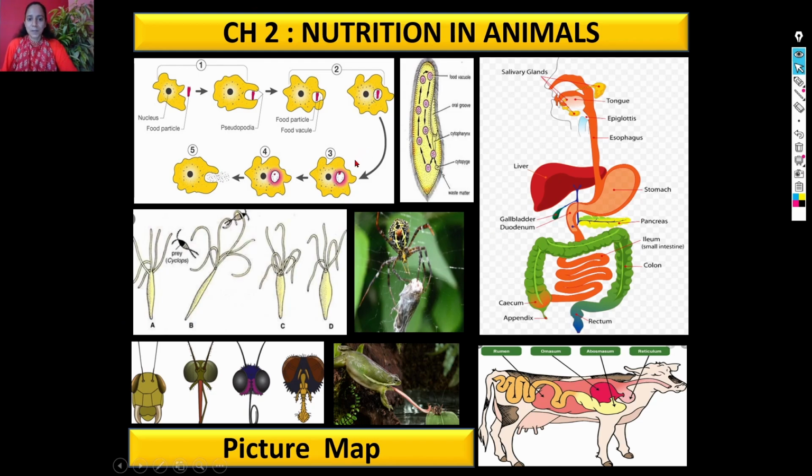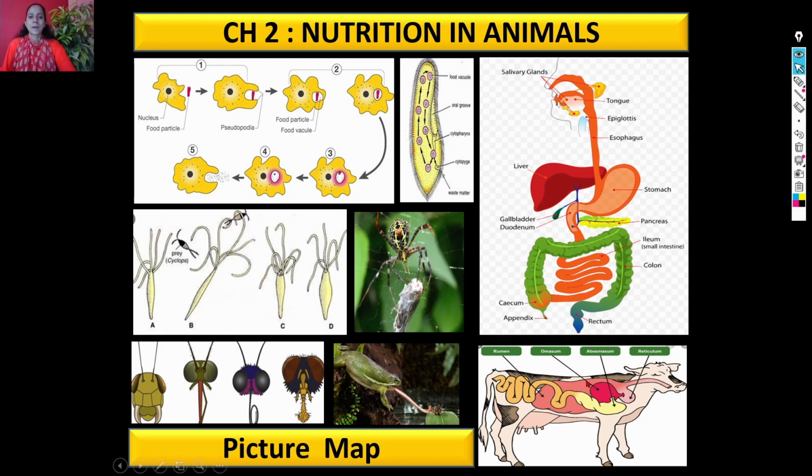In the first segment, after introduction part, you will come to know about the various modes of nutrition in case of microbes, insects like spider, housefly, mosquito, etc. You will also come to know about how frog catches its prey. But the majority of this chapter is focused on human beings and nutrition in human beings, that is digestive system and the process of digestion.